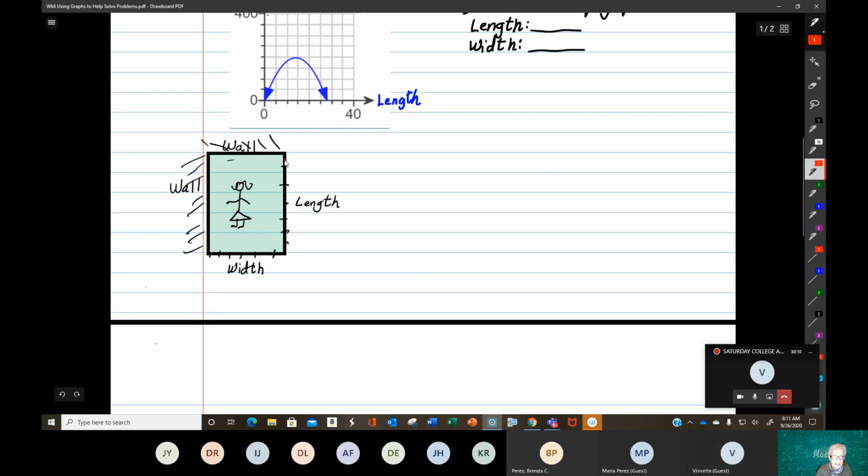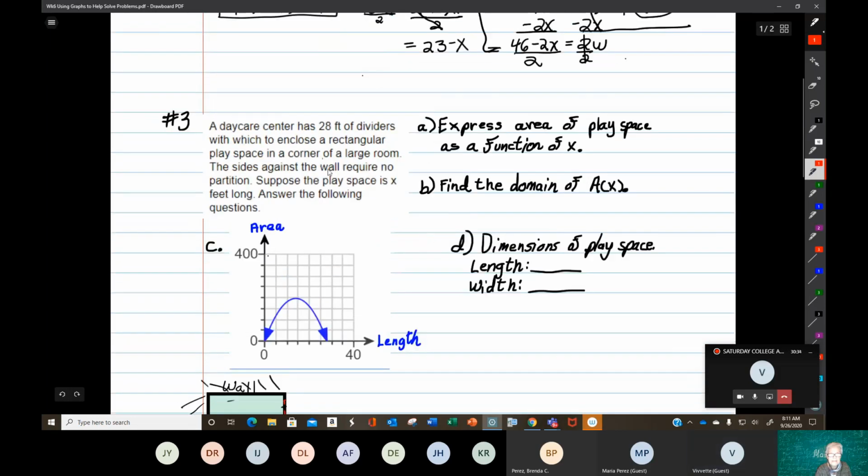I might as well make a dashed line here. These are the dividers. Now, the length plus the width is going to equal the 28 feet. So all 28 feet of dividers are going to be used.